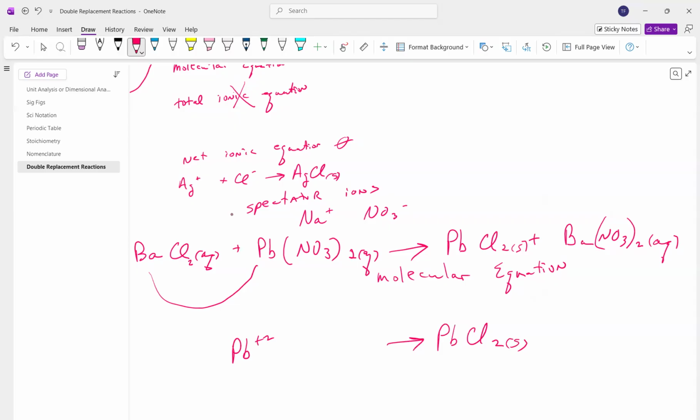Lead. Now, lead positive 2 is on the top. It'll tell you what charge it is. The negative charges are on the left. It'll tell you what charges are there. Okay, and then how many chlorides made that lead chloride? 2. So this is our net ionic.